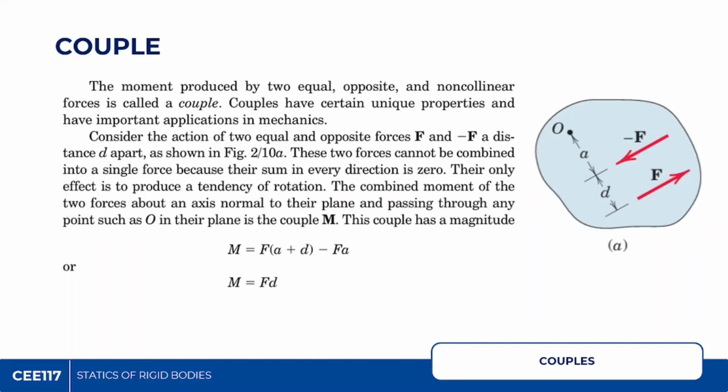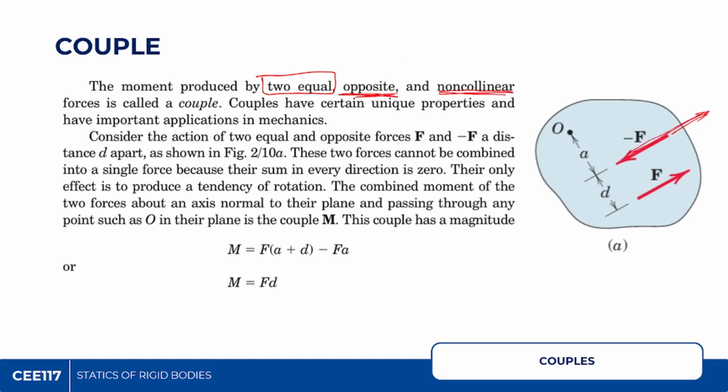A couple is basically a special type of moment, wherein may dalawang forces na they are of equal magnitude. Equal magnitude sila, but opposite yung direction nila, and they are said to be non-collinear. Meaning to say, they are not lying on the same line.